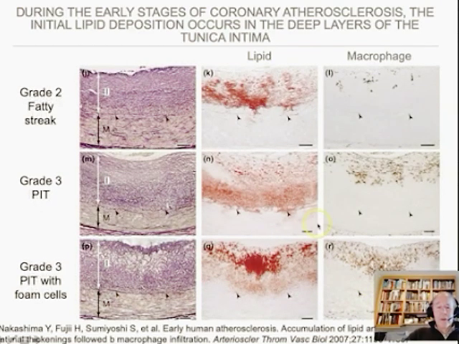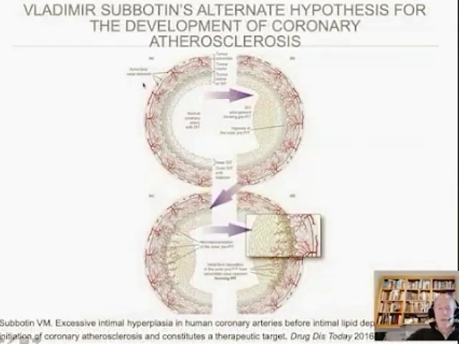But as the disease progresses, you can see more and more lipid accumulates, and now it starts to progress towards the luminal side of the artery, and you can see the macrophages are accumulating. So the conclusion is that atherosclerosis develops deep in the intima, not at the surface level.